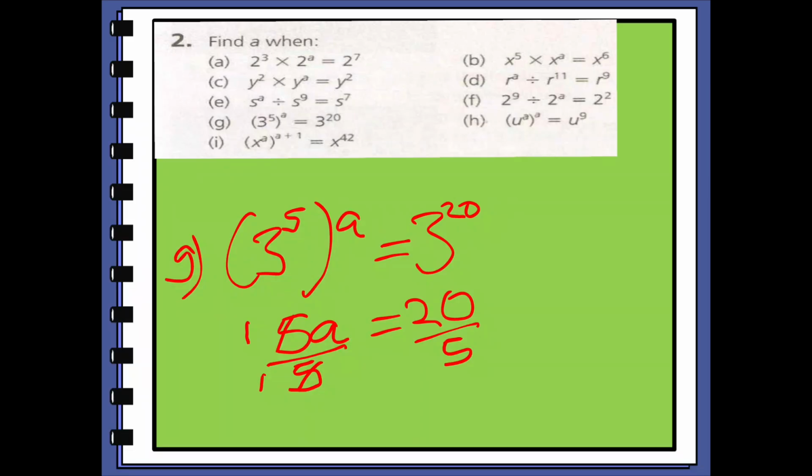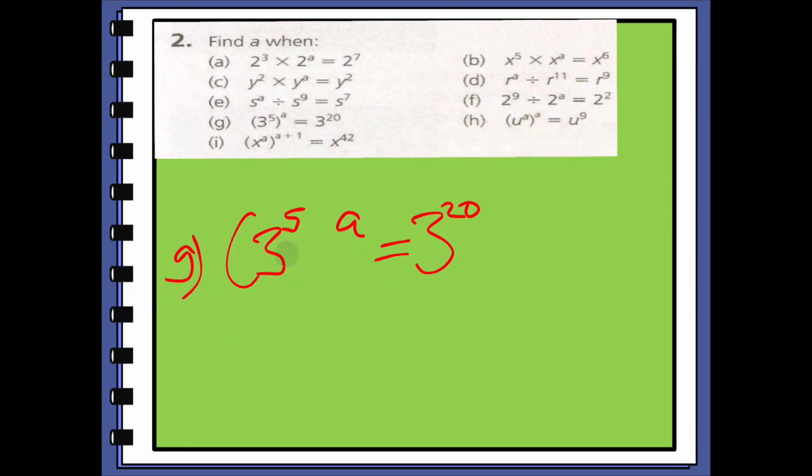Then this side we are going to say 5 into itself 1, 5 into 20 4. So what are we remaining with? a equals 4. That is what has remained. So our a in this case is 4 for g, and the similar way applies to h. Then I think we should do i together. It's a bit different.